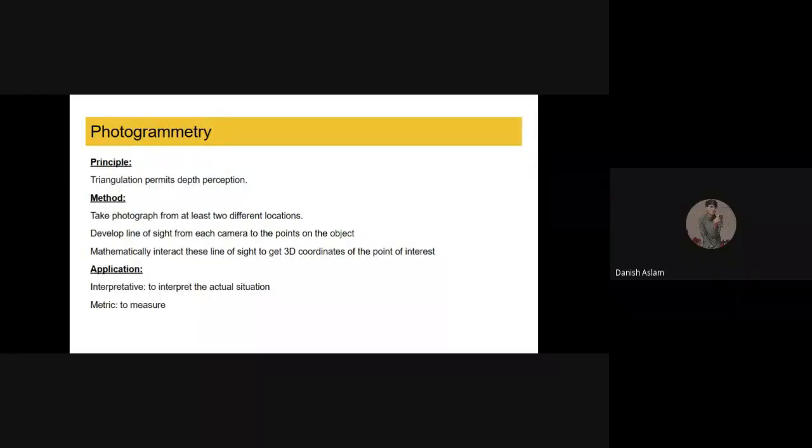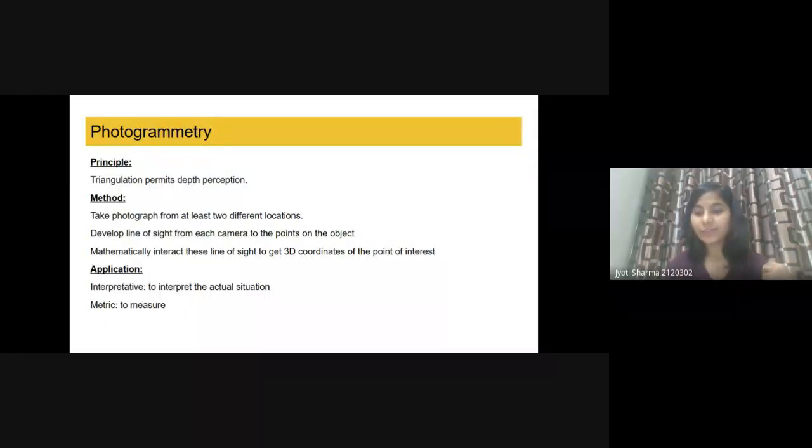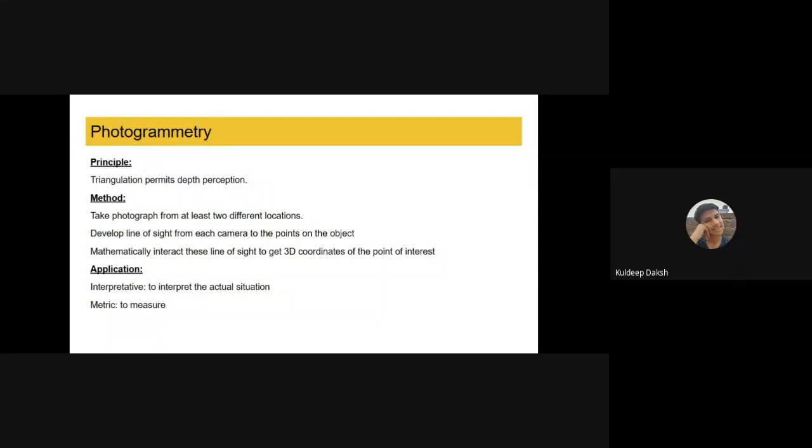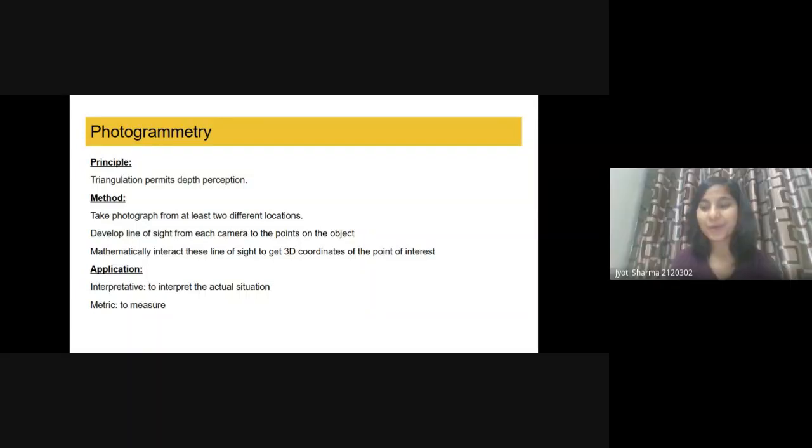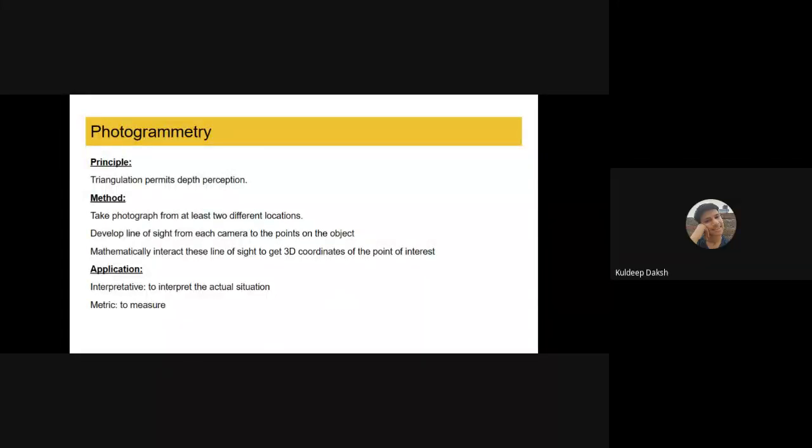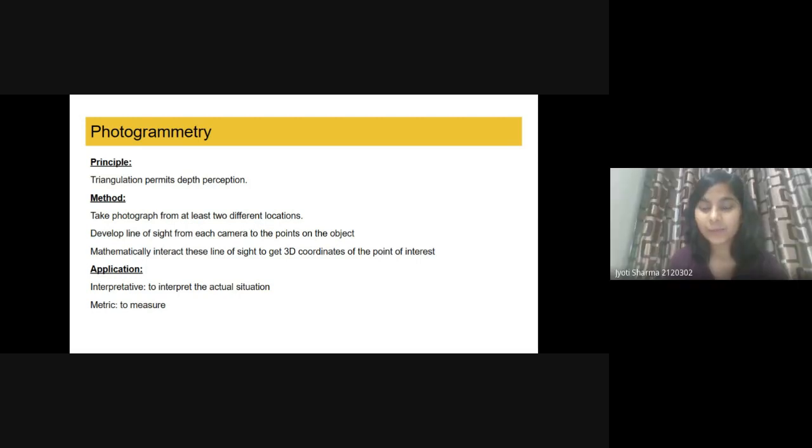Yes, ma'am. Have you ever used Google Earth Pro as well? This is very informative, actually. Yes, ma'am, I use it all the time. Is there anything like Google Earth Pro? Yes, we have Google Earth Pro as well. We use it for satellite purposes.